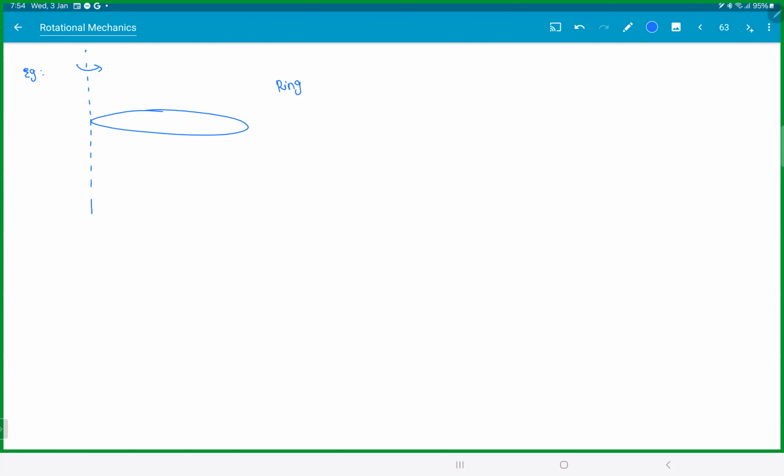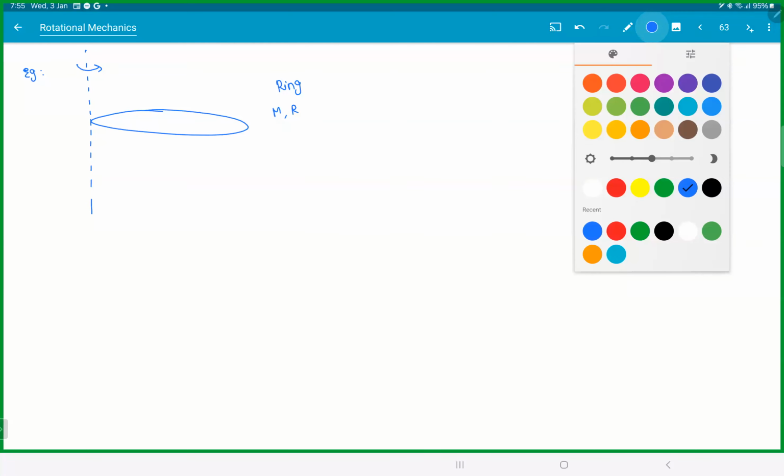How will you choose elements? Small arcs. Okay. I will leave it to you. Try to prove this with integration, and we will discuss it next class.